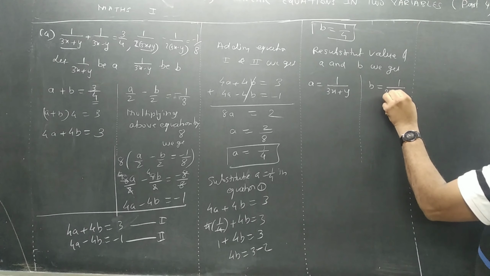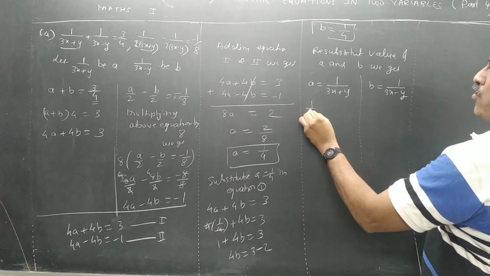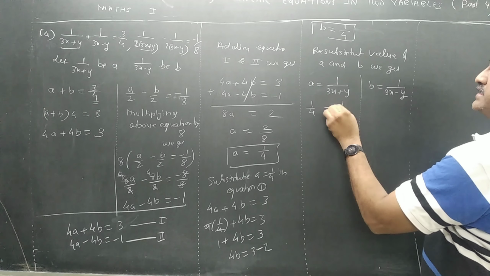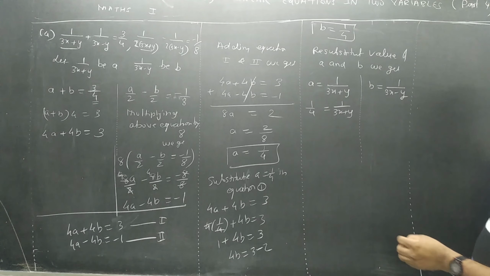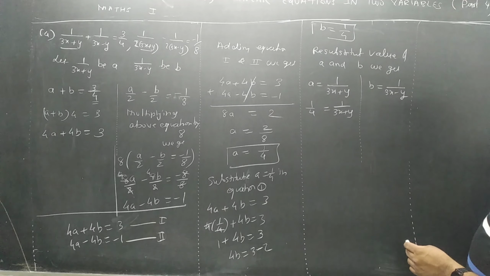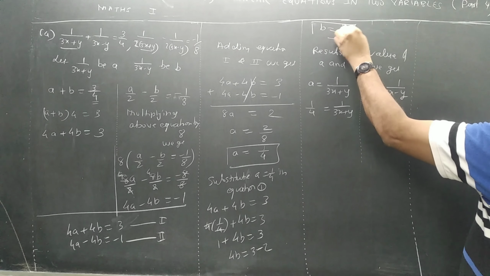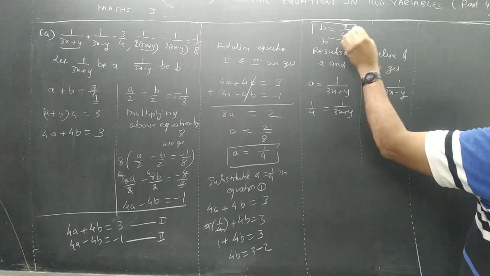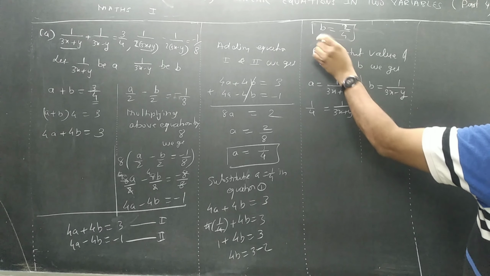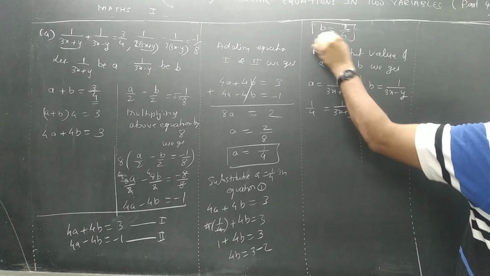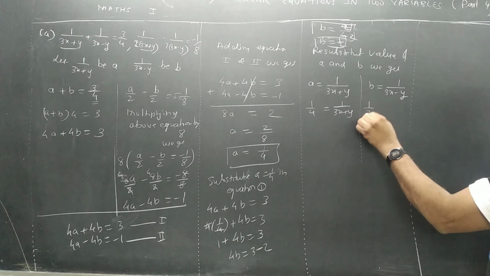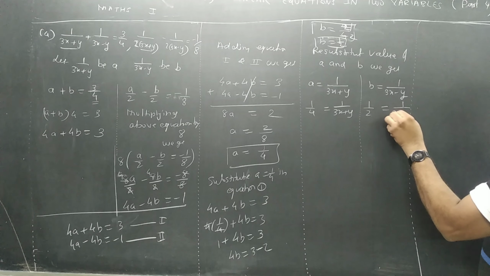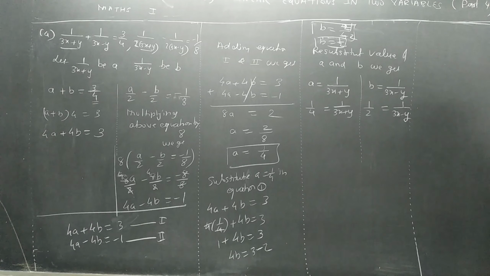So A is 1 upon 4, which is equal to 1 upon 3x plus y. Here the value of B is, oh, I made a mistake. B is equal to 1 upon 2, so 1 upon 2 is equal to 1 upon 3x minus y.